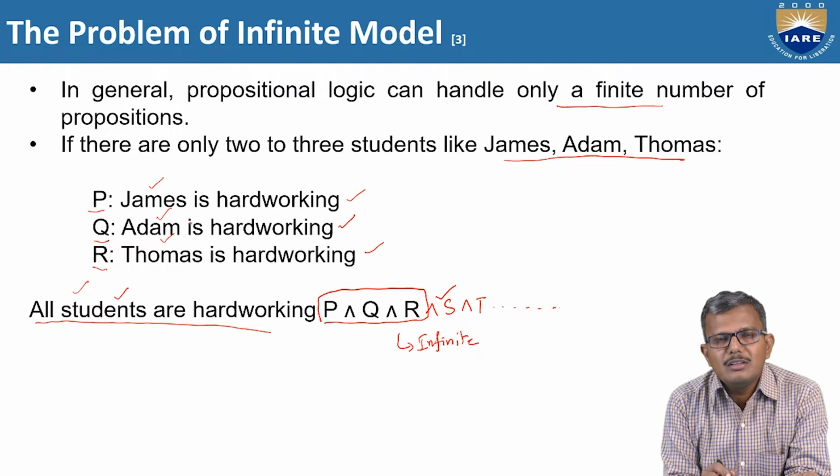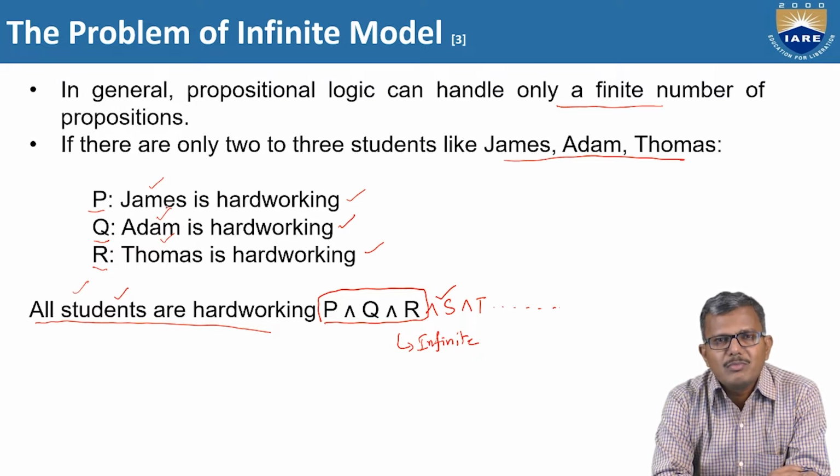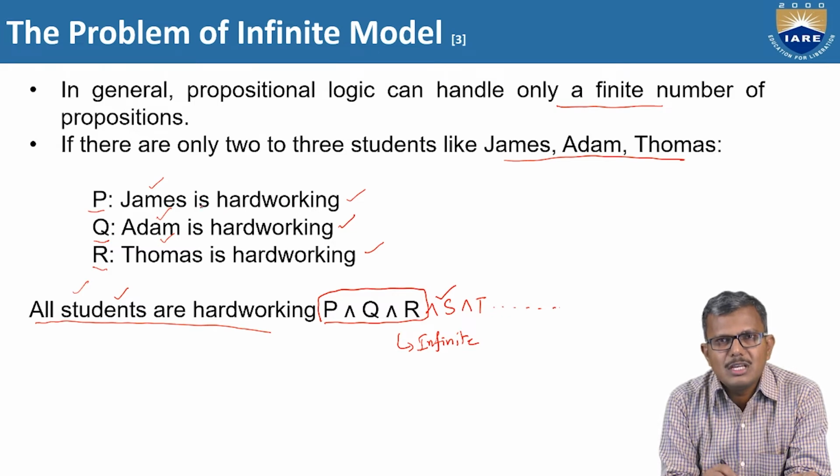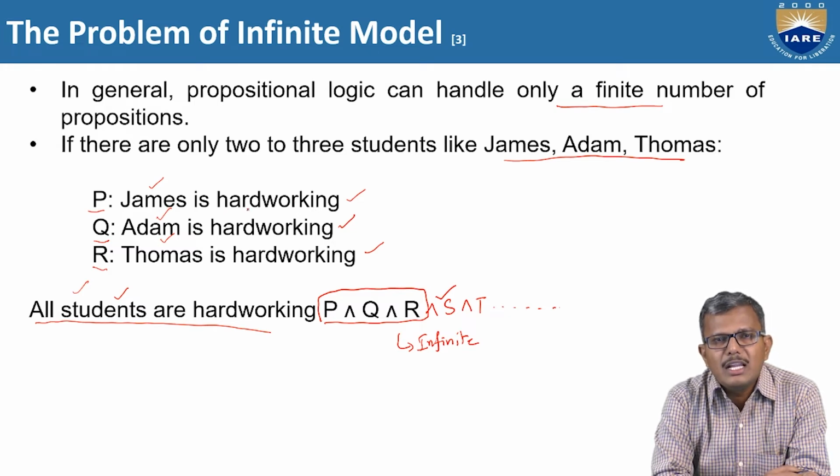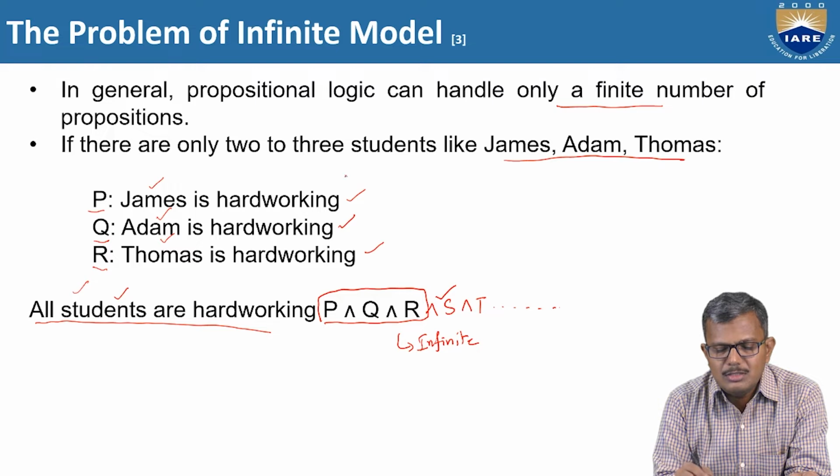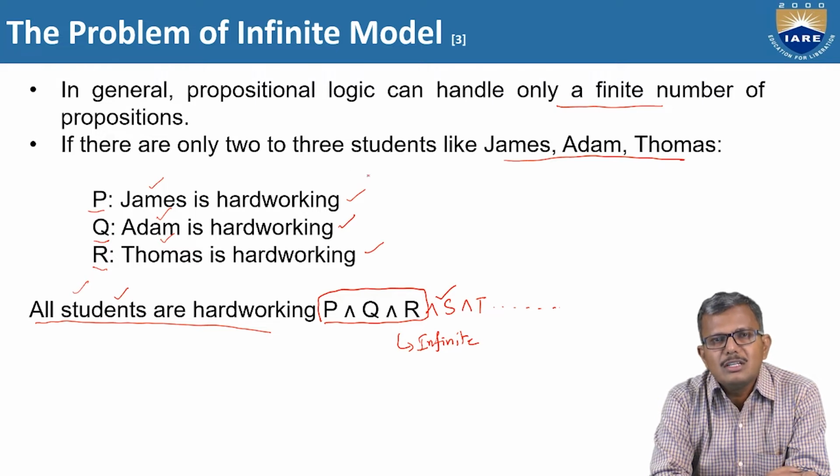If I want to tell that another student is also intelligent, in this case it is failing. I cannot use the same sentence, James is hardworking, and apply it to some other student. Why? Because James is different and the other student is different. So why can't we have a common mathematical form through which we can say that all the students of the class are intelligent, are hardworking?